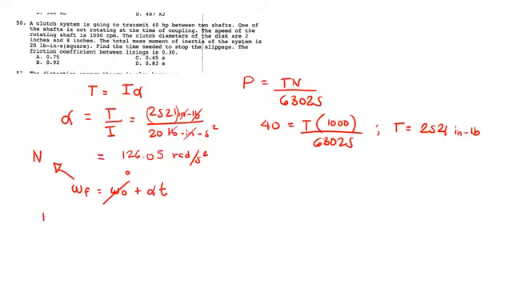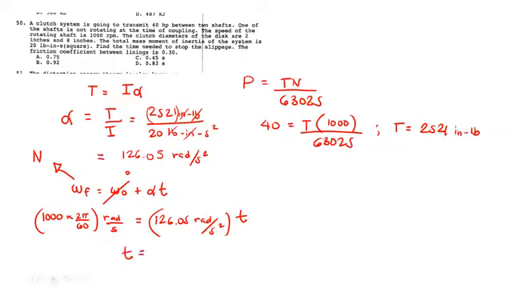Itong 1,000 revolutions per minute times 2 pi over 60 para maging radians per second. So equals 0 plus alpha times time. Ilan yung alpha natin? Hindi po pala na-substitute, no? So alpha, 126.05 radians per second squared times time. Makacancel dito si second, so matitira na lang dito is seconds.